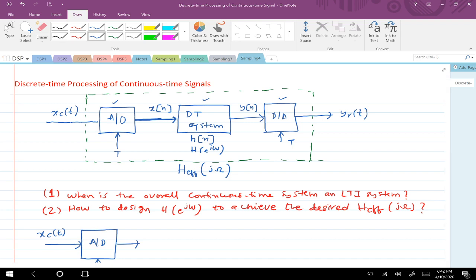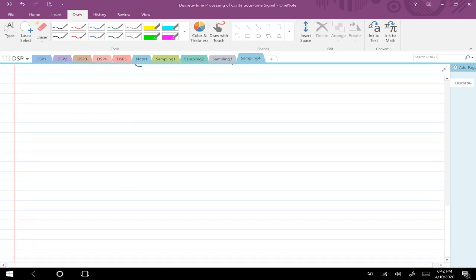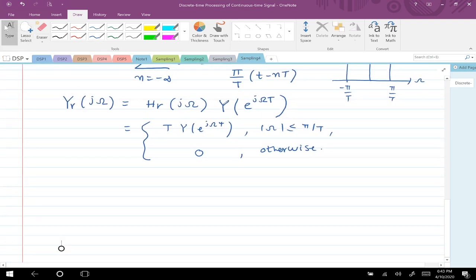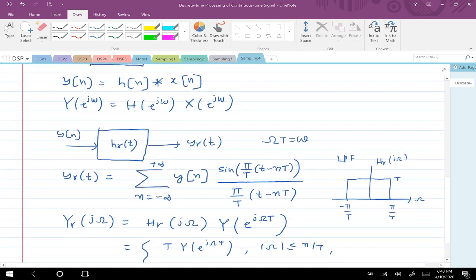So let's again start from the back here. Y_r(jΩ), we have written it as H_r(jΩ) times Y of e^{jΩT}, right? Now what is Y of e^{jΩT}? Where do we get that?